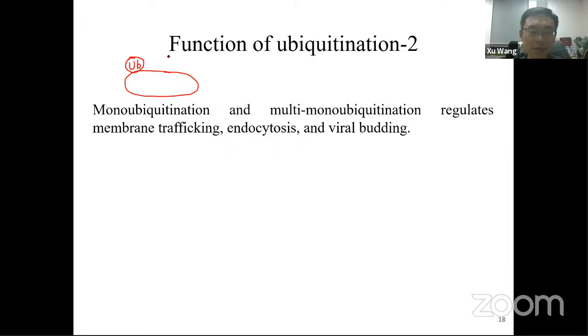And if several single ubiquitin molecules are attached to this protein substrate, then this is called multi-monoubiquitination. Monoubiquitination and multi-monoubiquitination regulate membrane trafficking, endocytosis, and viral binding. They don't regulate protein degradation.